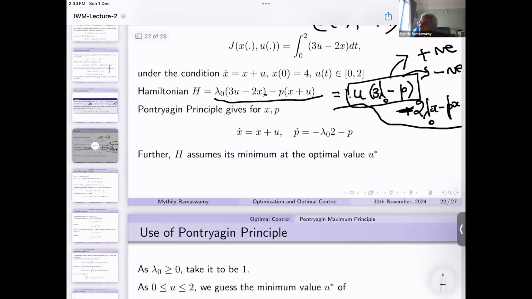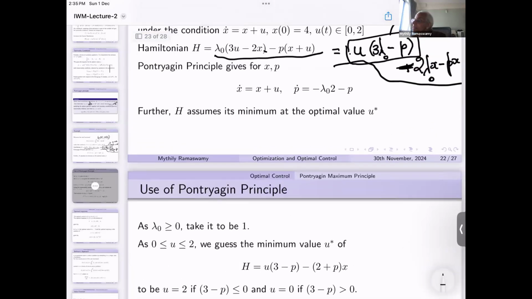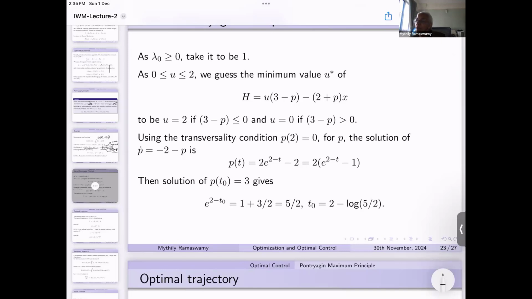So I go to the next slide, where I have taken lambda naught to be 1, as we always do. My Hamiltonian is u into (3 minus p) minus (2 plus p) into x. Did I write that correctly? 3 minus p, yes. Now the (2 plus p) into x term does not involve u, so I have to concentrate only on this.